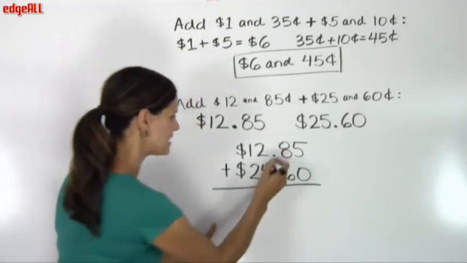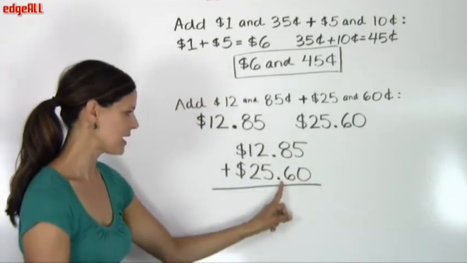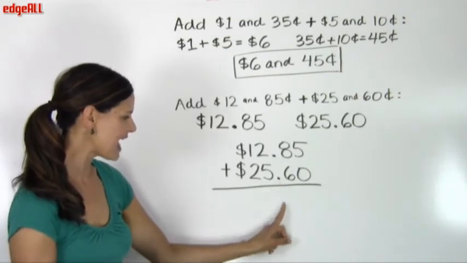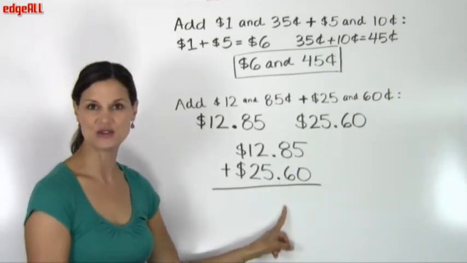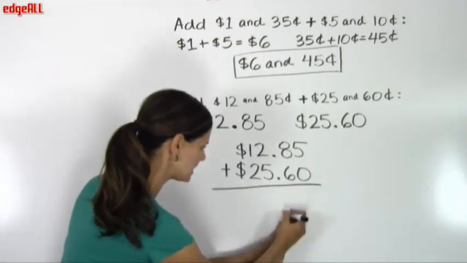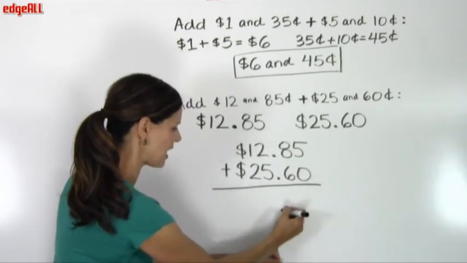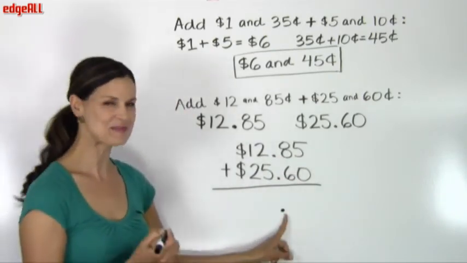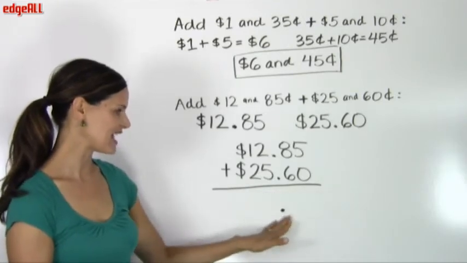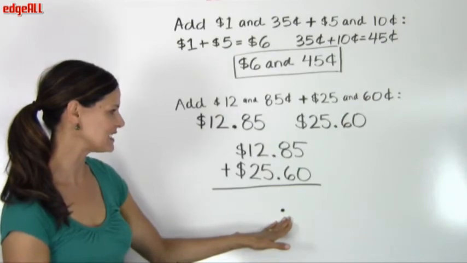And I want to make sure that I have aligned my points, which I did here as I wrote them. And then, before I even go and do the calculations, I want to place a point right here, lined up with these that are in the problem. I'm going to place my point right here in the answer line, so that when I get my answer, I have the point in the correct spot.